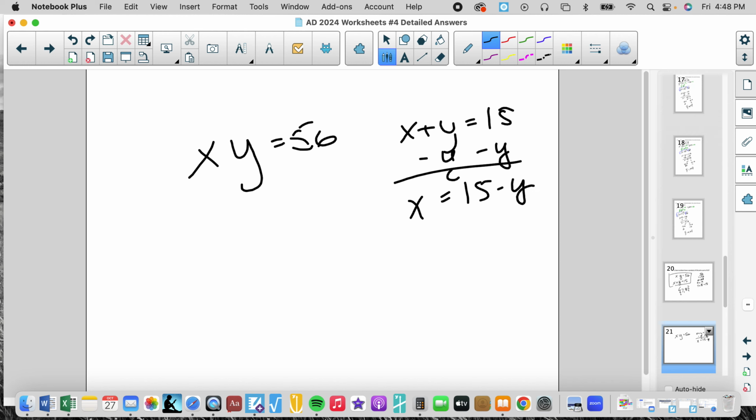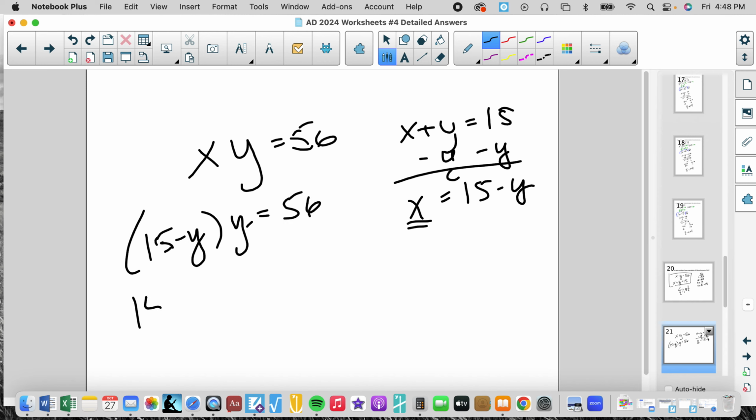And then we can plug this in for x. So you have 15 minus y times y equals 56. And that gives you 15y minus y squared equals 56. And then we can set it equal to 0.